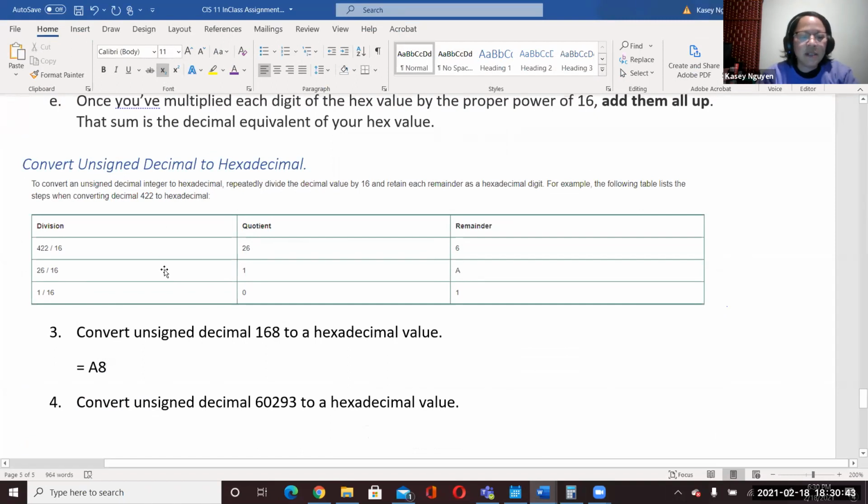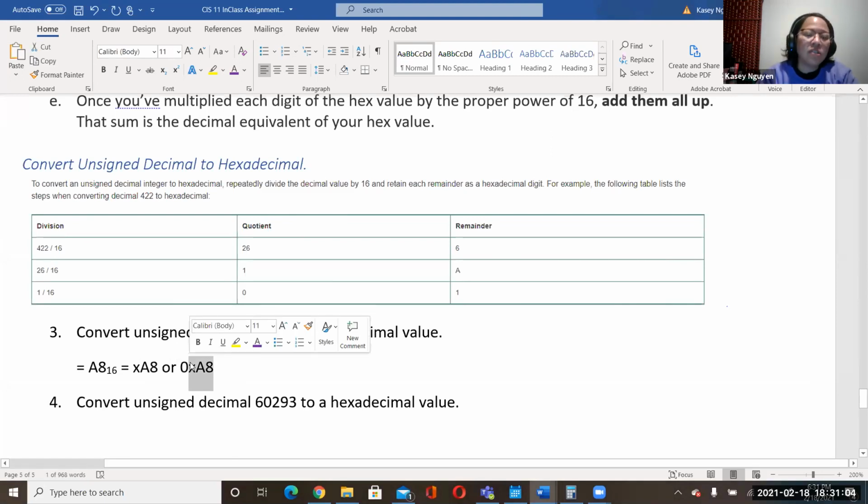The proper way to denote this is with a subscript 16, but in assembly programming, that is simply xA8 or 0xA8. By looking at this, we know that it is a hex value and it refers to a memory location. So in other assembly languages, you would use 0x and then your hex value.